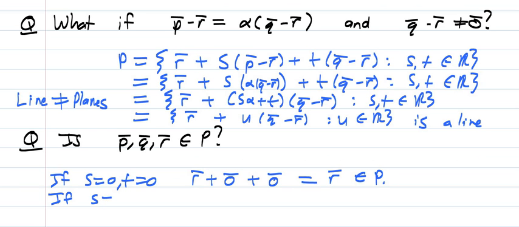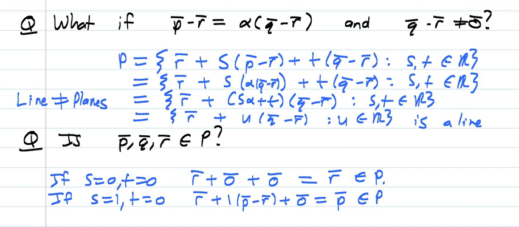Now we can also do the following. If S is equal to 1 and T is equal to naught, then we obtain R plus 1 times P minus R plus the 0 vector, and R plus P minus R becomes the vector P, which is sitting in plane P. So don't get confused. These guys are vectors because they have a line on top, and we're using a capital letter to denote a set.